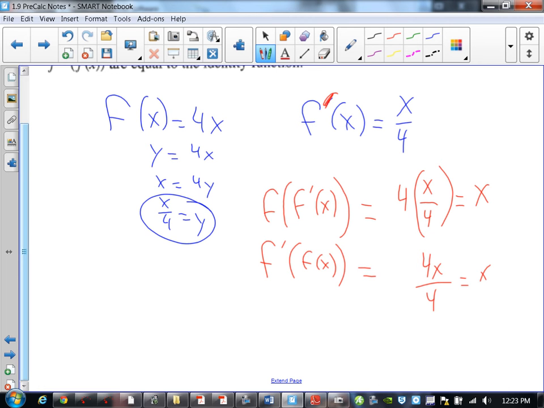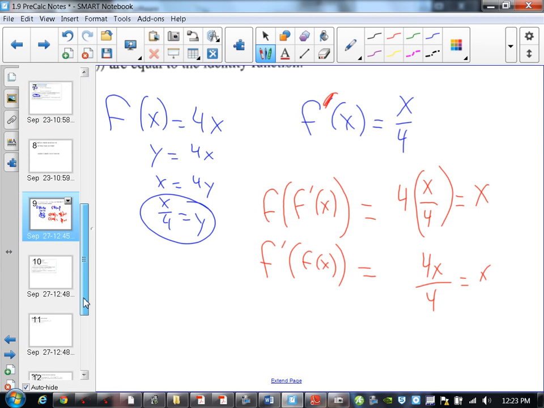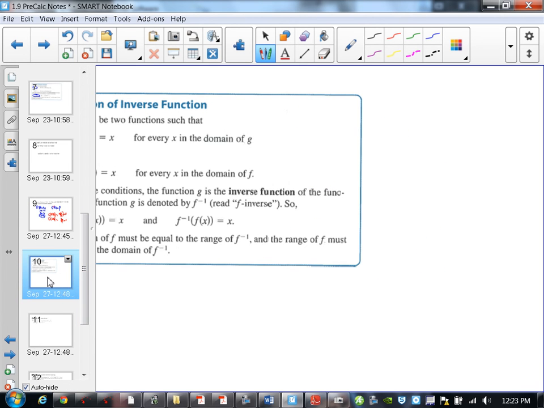The other way that we look at it, the other example here.